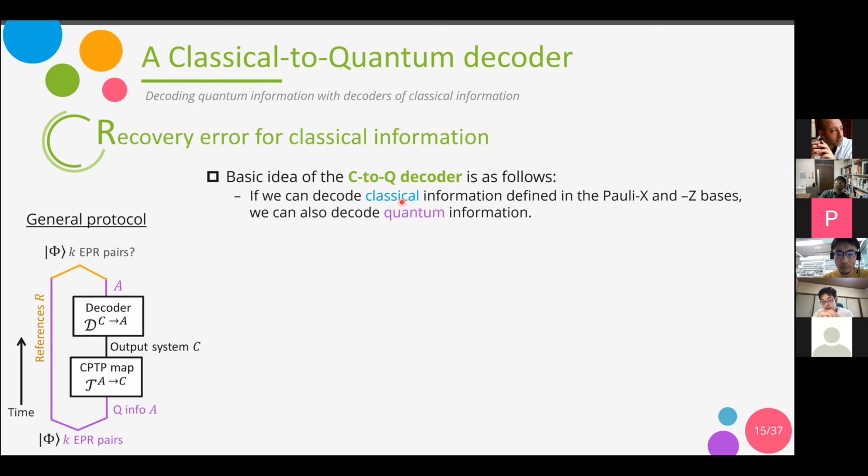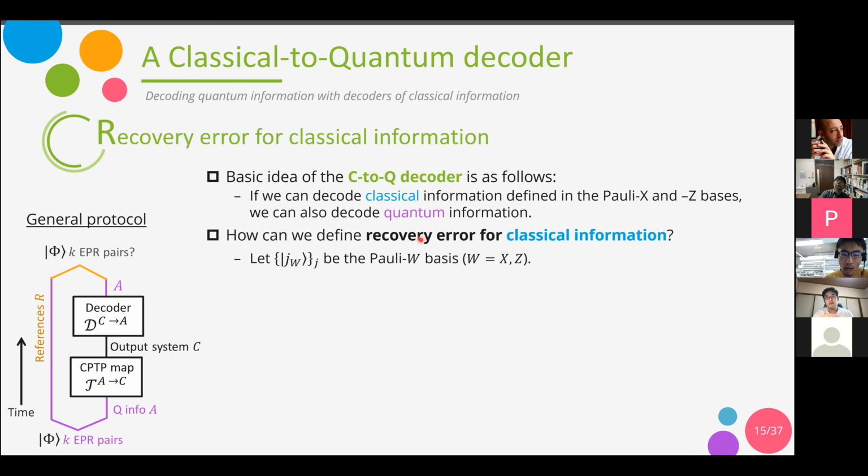Now let me explain what classical information is, or how we can define recovery error for classical information. To define this, let |j_W> be the Pauli W basis, where W is X or Z. So we have the Pauli X or Pauli Z basis.